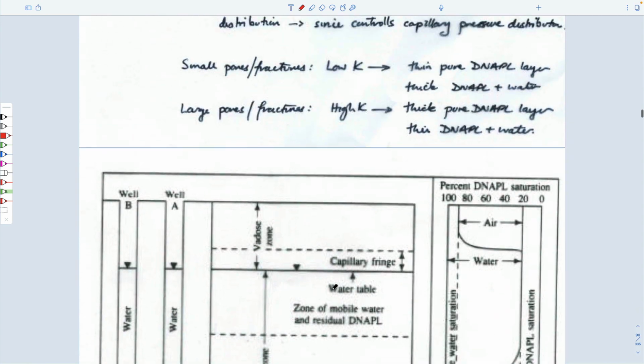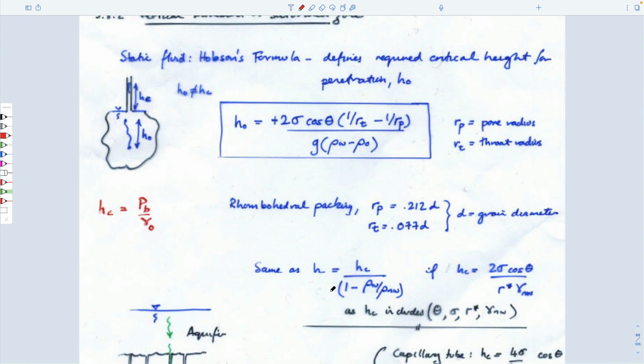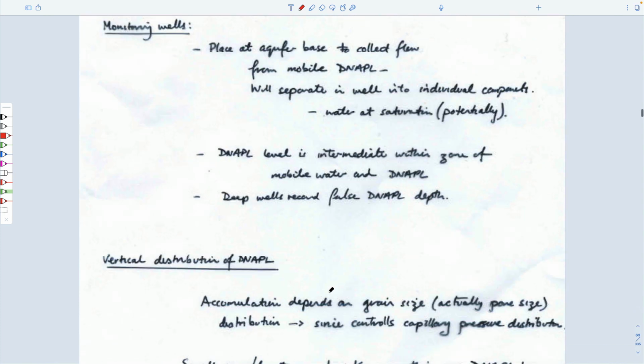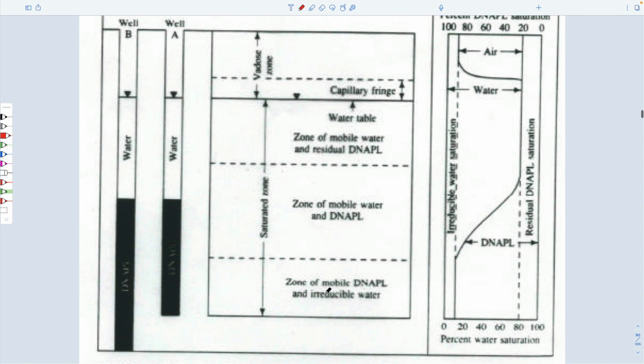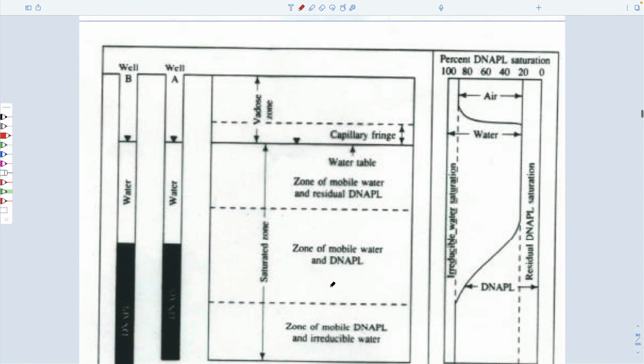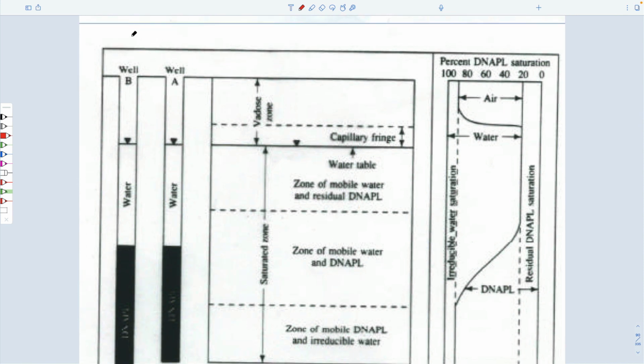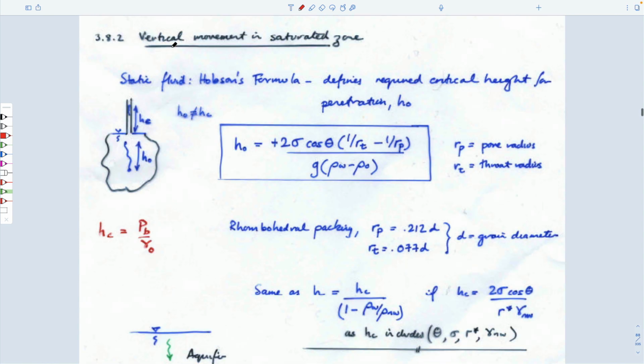So that leaves us to talk about DNAPLs. We have the same capillary pressure relationships that we know. But if now we look at denser than water fluids, we can use the same capillary arguments that we talked about.